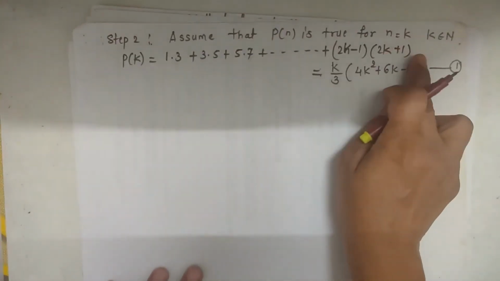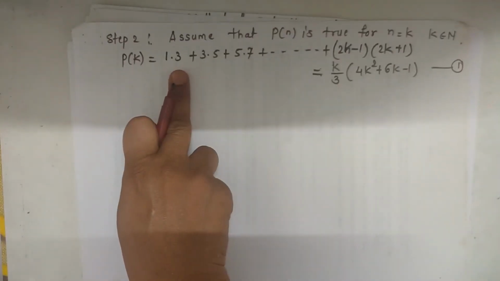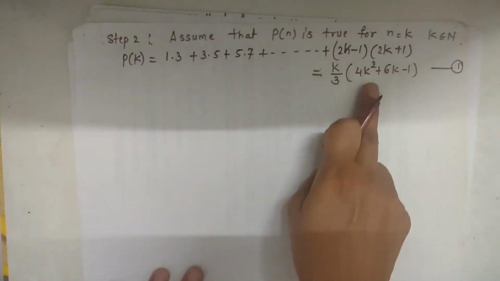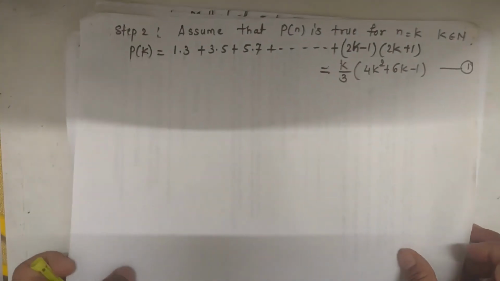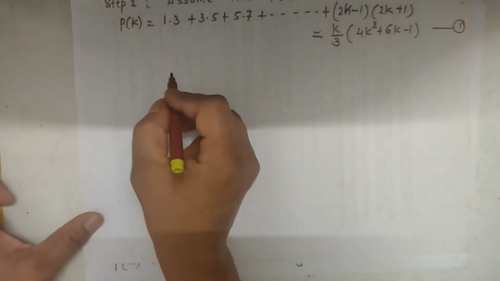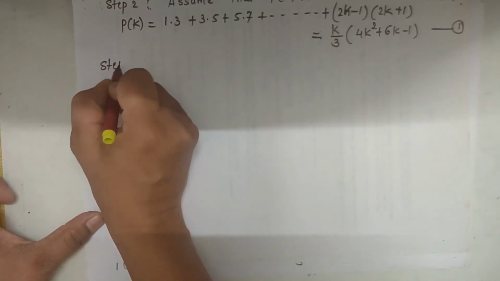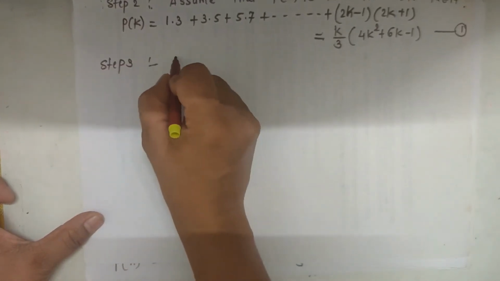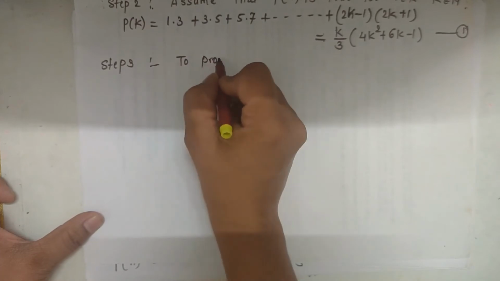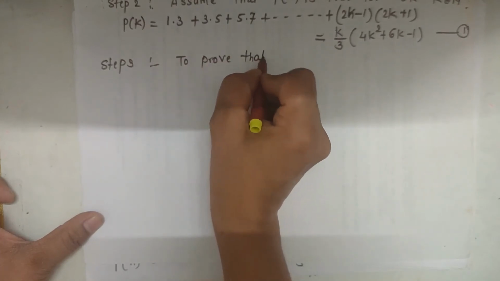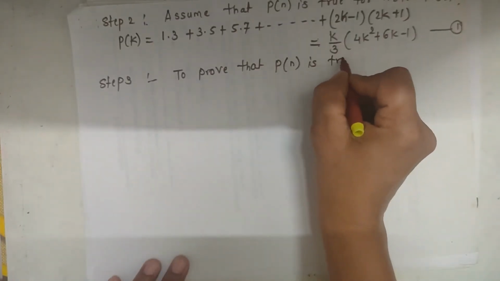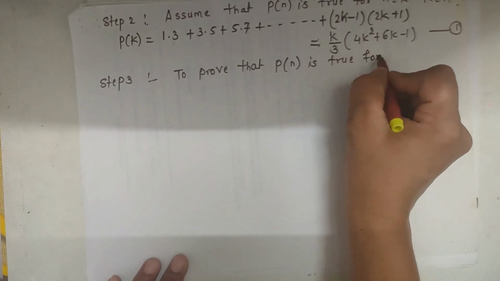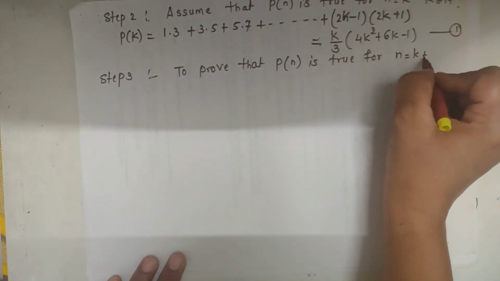For n is equal to k, we get the statement P of k in this form, and this is called equation number 1. Now here we have to prove in step 3 that P of n is true for the next term, n is equal to k plus 1.